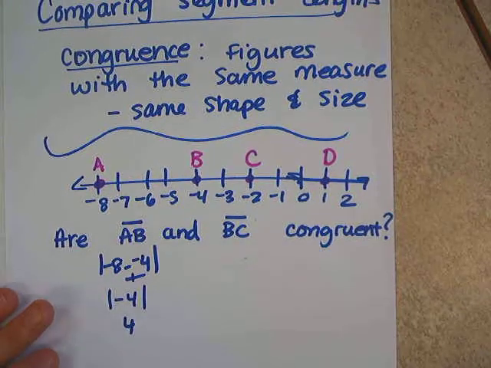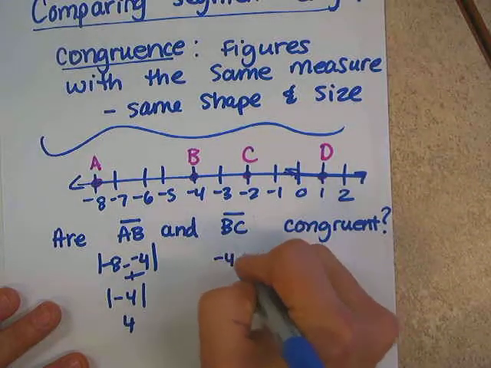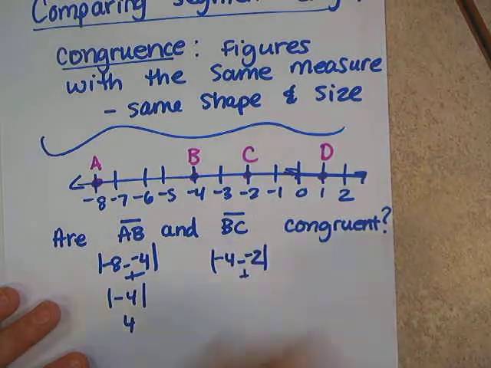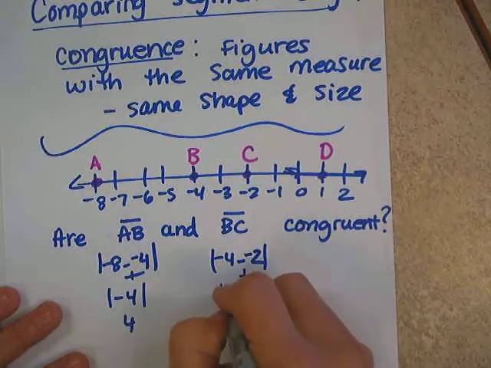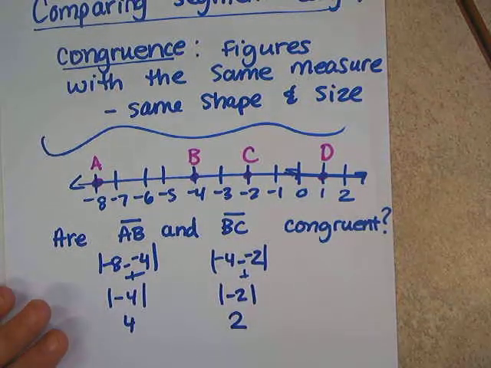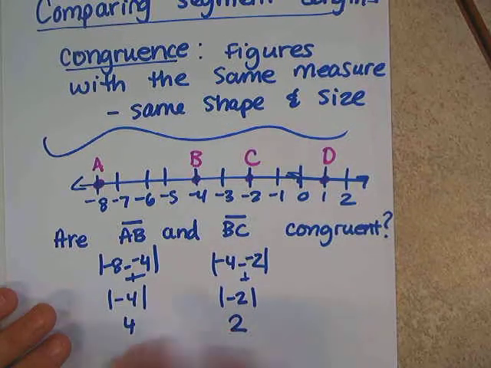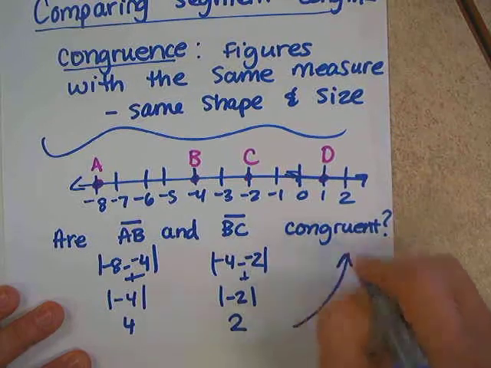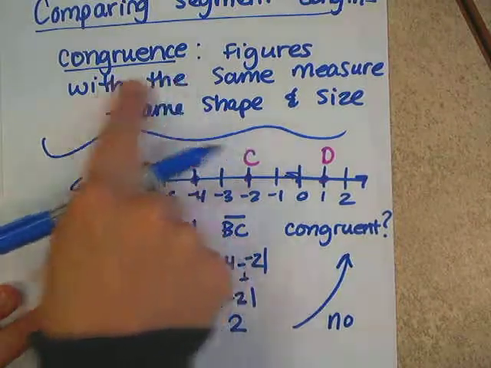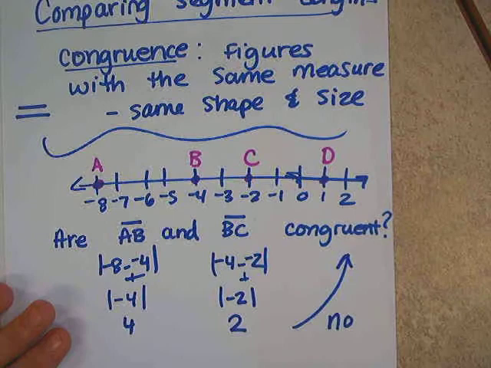So that minus the negative turns into plus, right? So that would be -4 or a length of 4. BC is -4 minus -2, which would be -4 plus 2, absolute value of -2, or 2. So if we're comparing 4 and 2, then they clearly are not the same length.